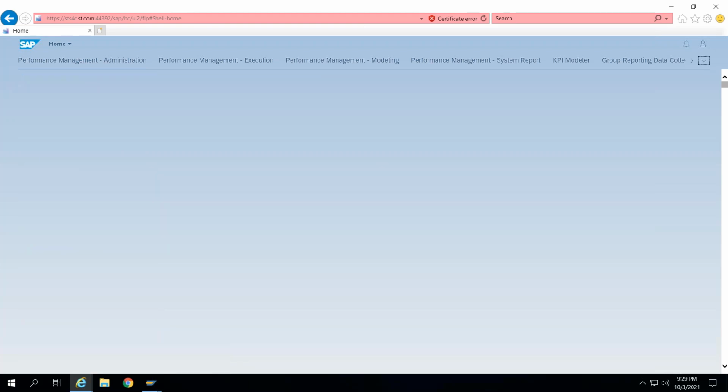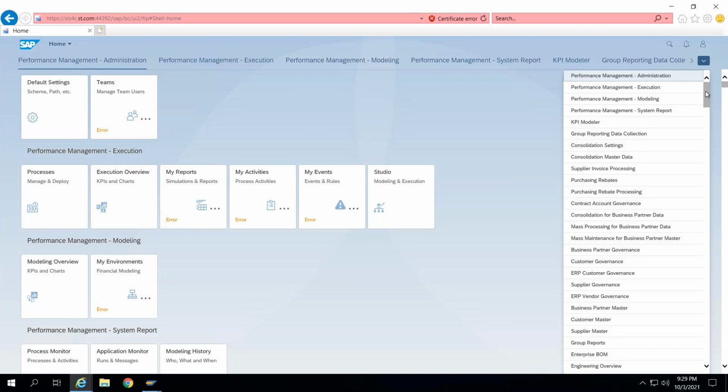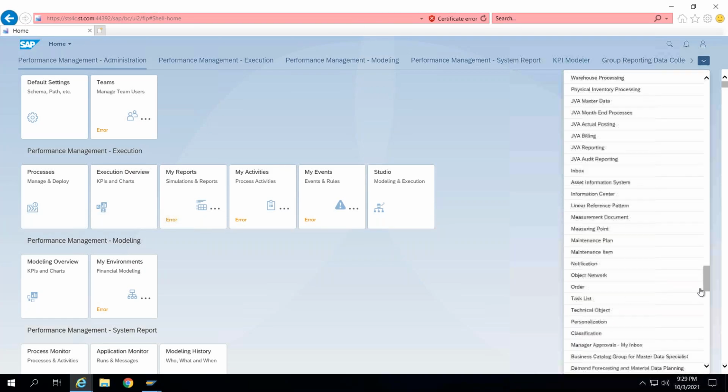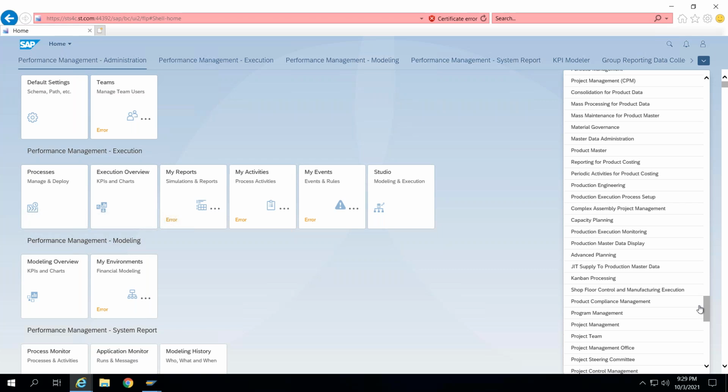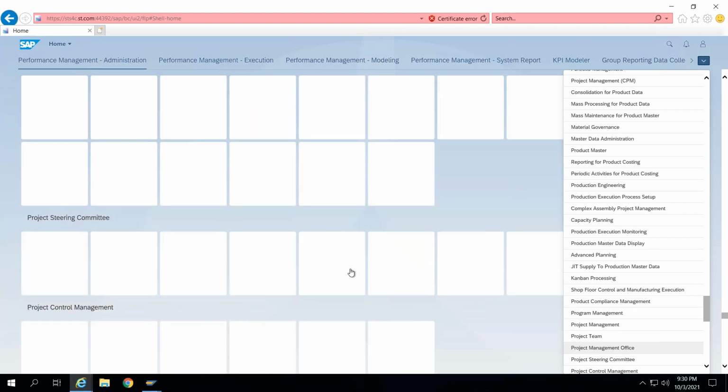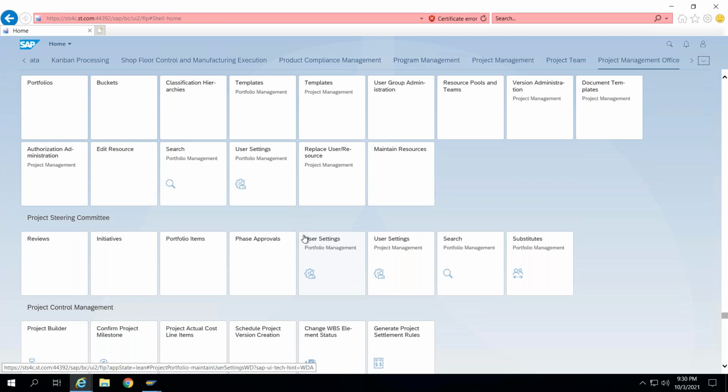It takes a little time the first time you load this data. Once it is done, here this is my project management office. You will see all the apps here in portfolio and project management. This is for portfolio, buckets, classification, hierarchies, and all these things. So we will go with the Fiori apps, or in my sessions I'll go with the NetWeaver Business Client to explain.